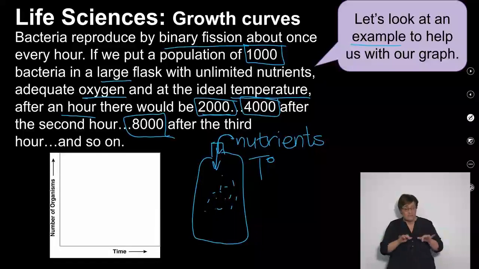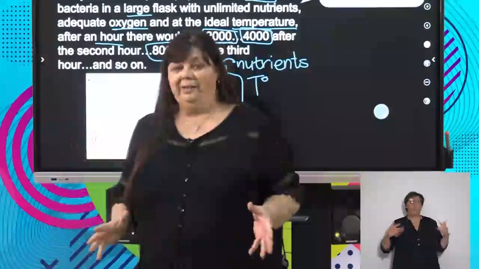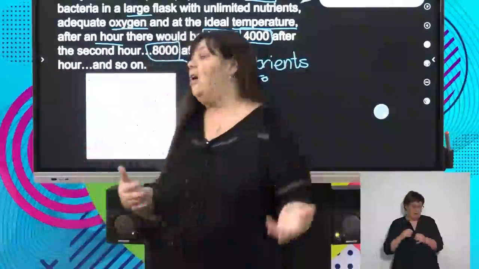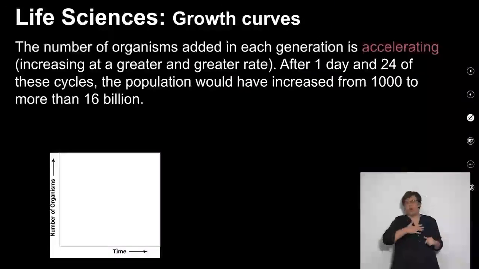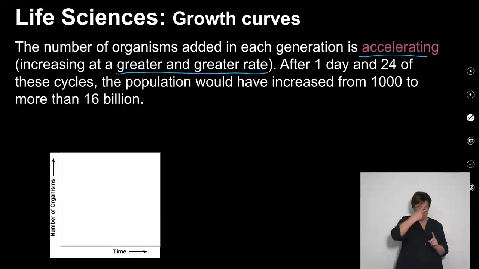These bacteria are in bacterial party mode. They are enjoying this unlimited food, space, oxygen. And if you did the maths, you would see, and you would obviously recognize without maths even, that this population is accelerating at a greater and greater rate.